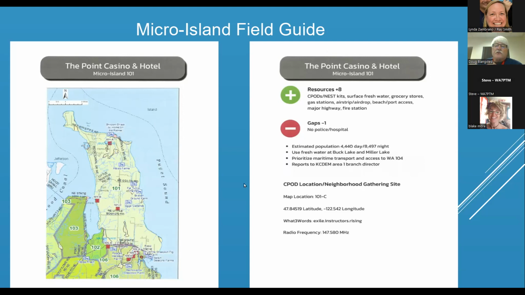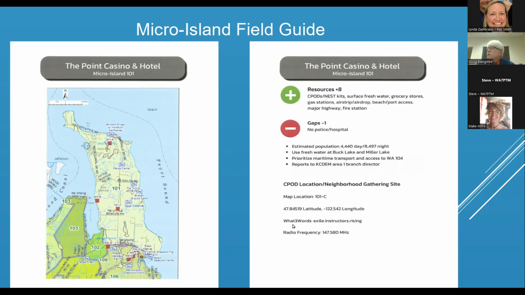Then where's the location of that actually? That 101 that you see right there, where is that? You get a lat-long here, and we've also implemented what3words. If you're not familiar with what3words, you can look it up online.